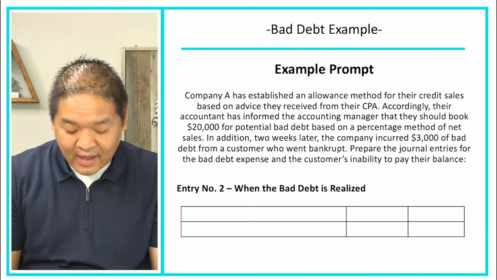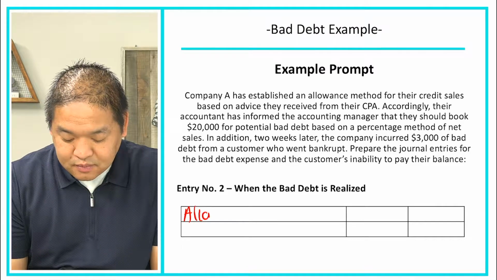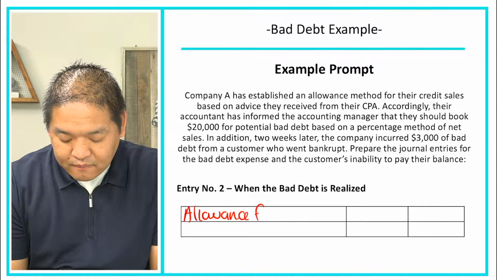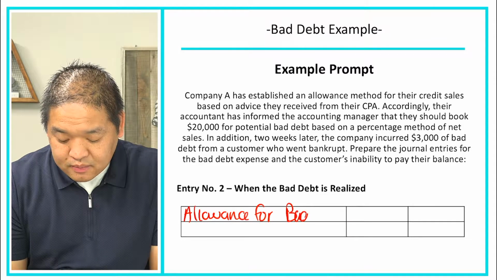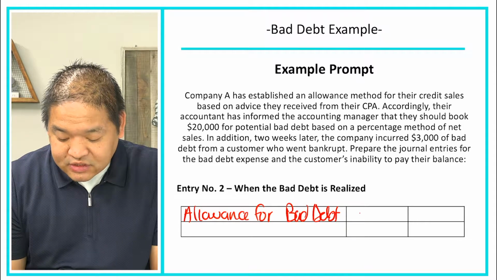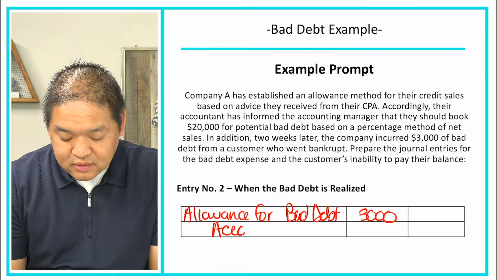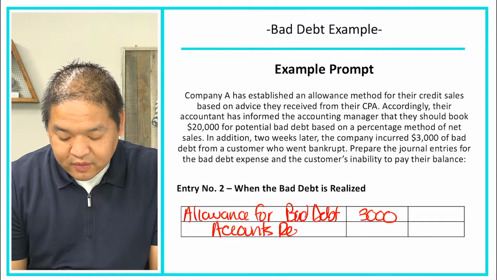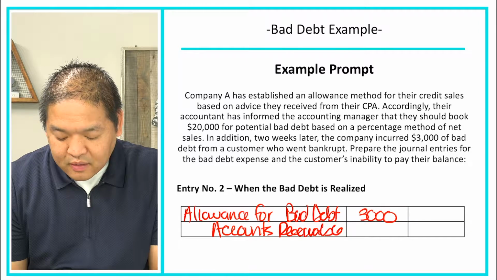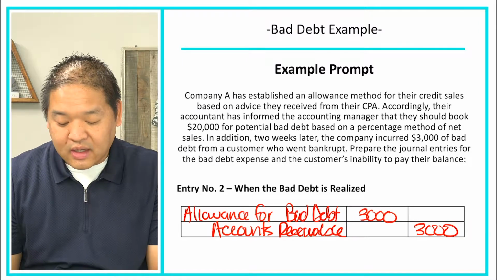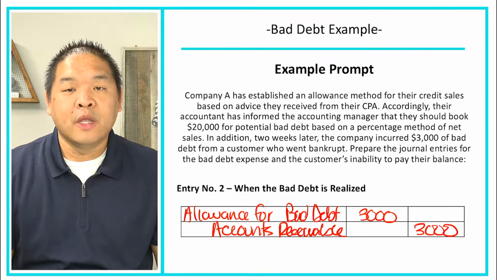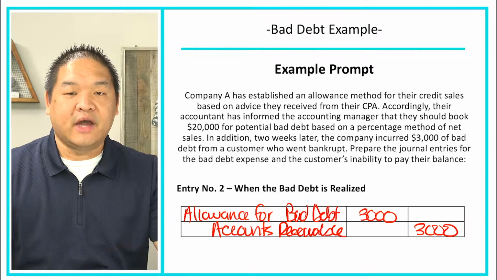So we're going to debit allowance, in this case $3,000, and we're going to credit accounts receivable for $3,000. And we are crediting their accounts receivable, which also means that their accounts receivable right now is zero.